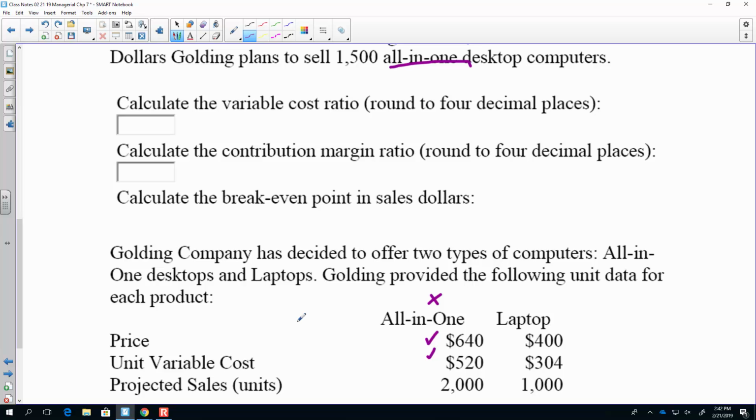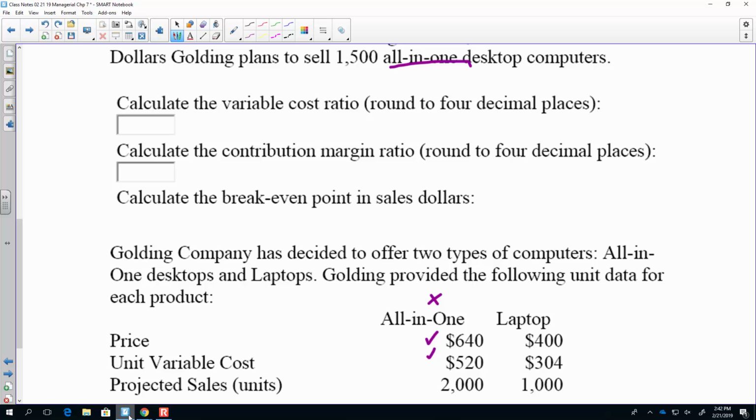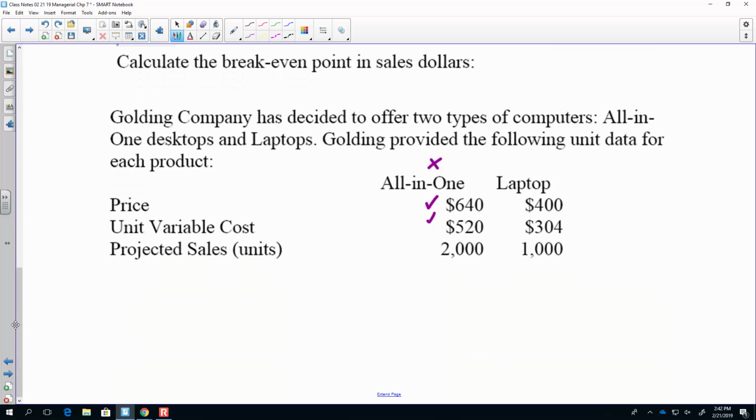So the variable cost ratio is, Juliana, are you still with us? Yes she is. Awesome. How do I get the variable cost ratio here? I'm looking at the numbers on the bottom. What do I divide? Just for all-in-one.